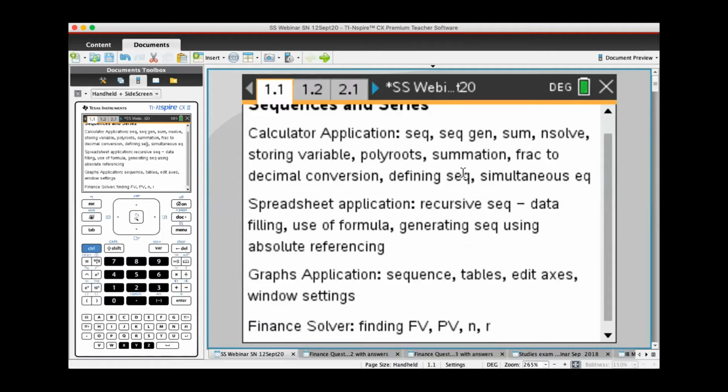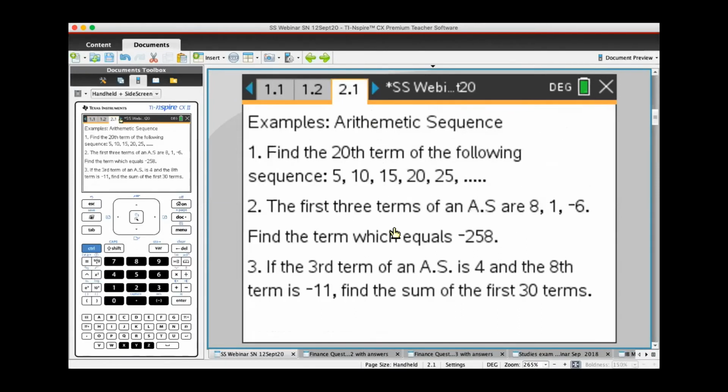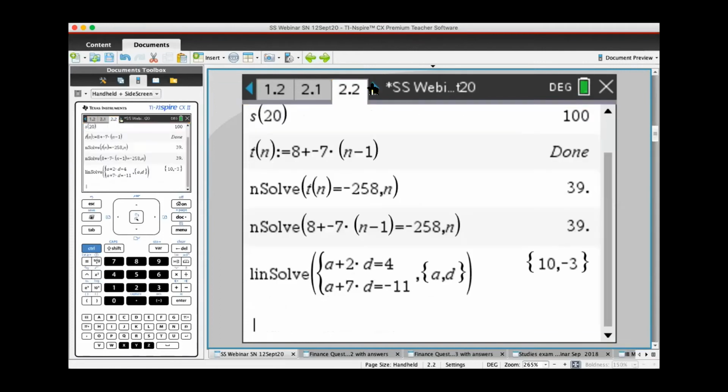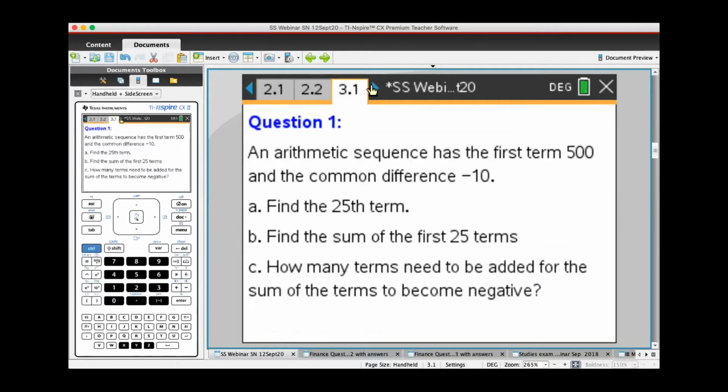We've defined sequences and we have used simultaneous equations. So I'm moving on, right? We are moving on. Okay, now if you see, again, the 2.1 and the 2.2 belong to a same group, all right? I'm moving on to the 3.1.